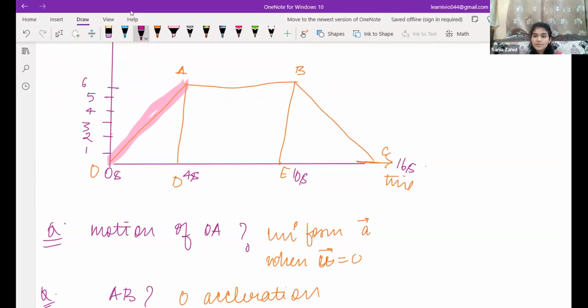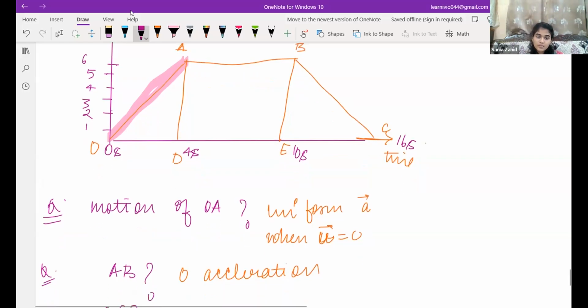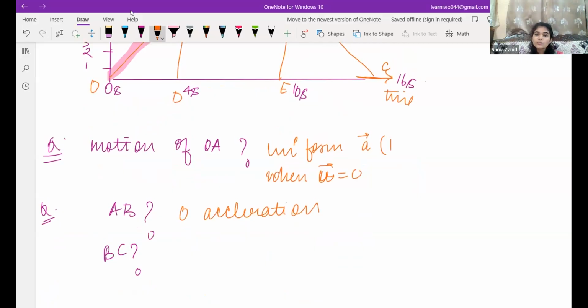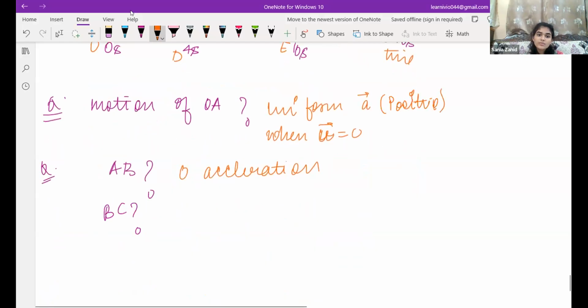What kind of motion is there by BC line? Not uniform acceleration. No, but uniform acceleration of what kind? Here the uniform acceleration was positive. Going down, here you have uniform acceleration which is negative.